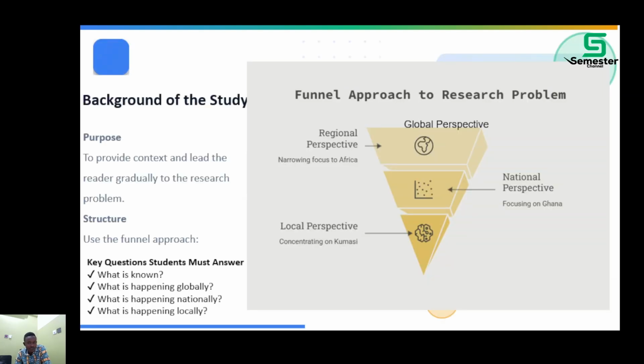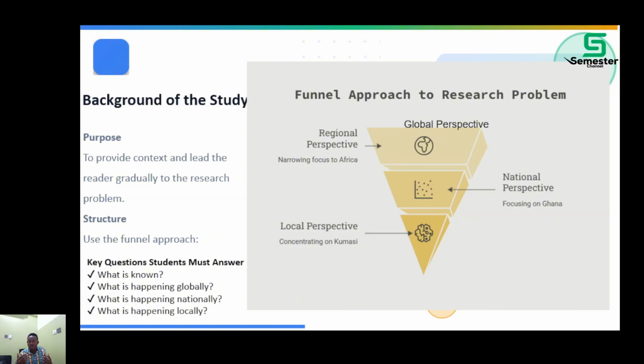So the first thing we look at in chapter 1 of any thesis is the background of the study. The purpose of the background is to provide the context and also lead the reader to gradually get to the research problem of your whole work. You are giving them the context.